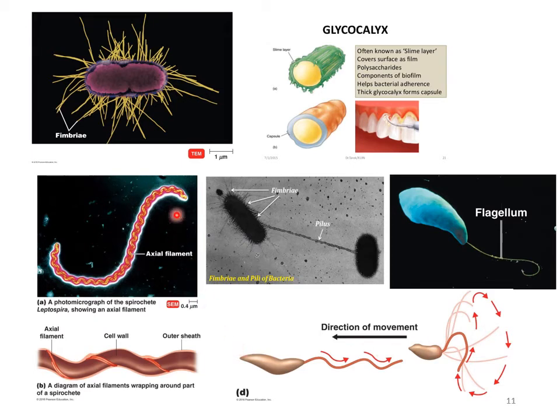And you also have the axial filament, which you'll find on spirochetes, that helps them gyrate or corkscrew into things. An example for the axial filament will be the spirochete that causes syphilis and allows syphilis to embed within tissues.